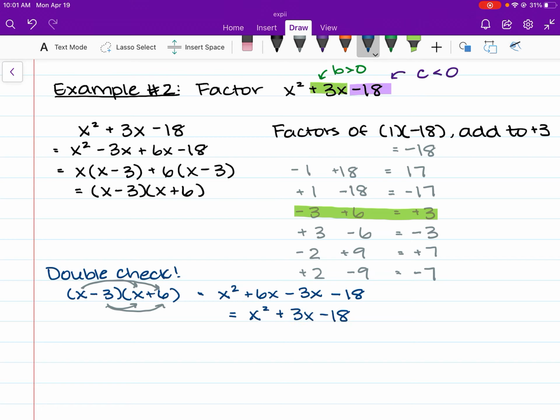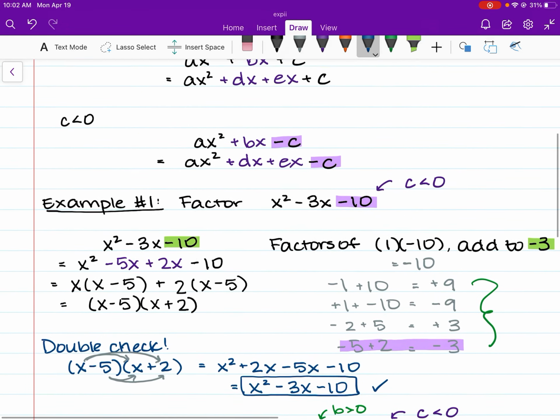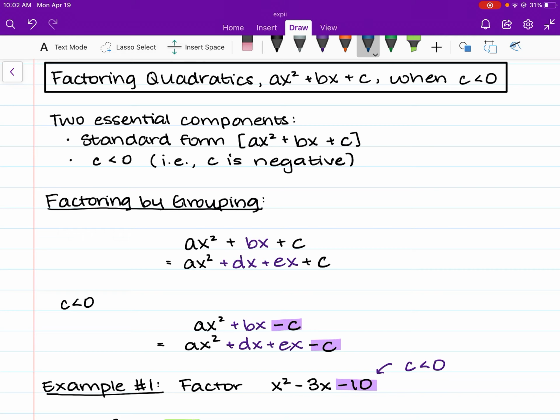And this looks like our original expression. So we know we got that right. So as you can see, essentially what we did was we factored by grouping as normal, but here we just had to be extra mindful of our positive and negative signs because c is less than 0 here. C is a negative number.